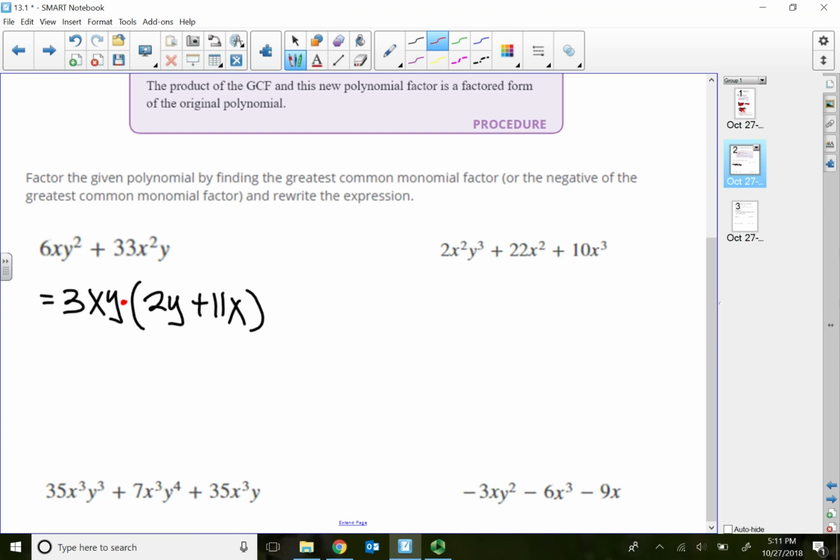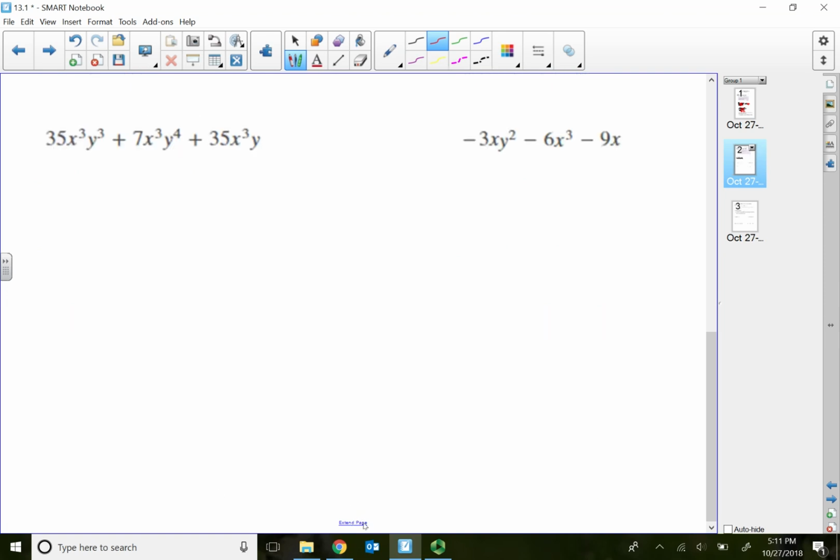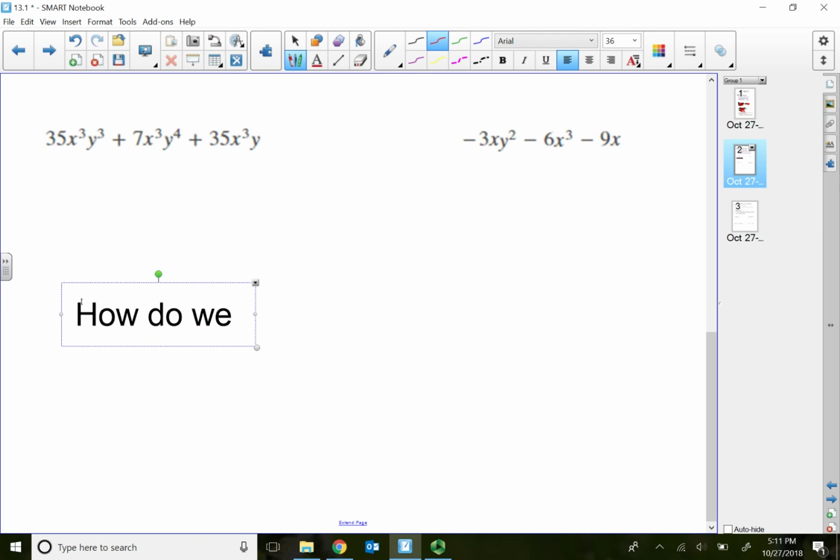Now a lot of times students ask, how do we check our answer? Let me write it down here. How do we check the answer? How do I know whether I factored right or not?